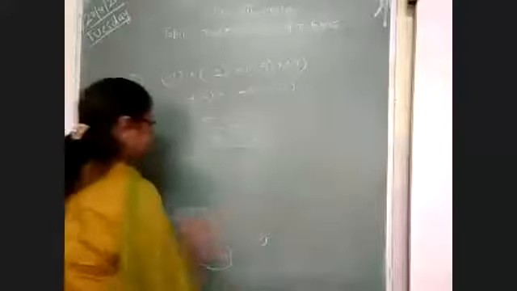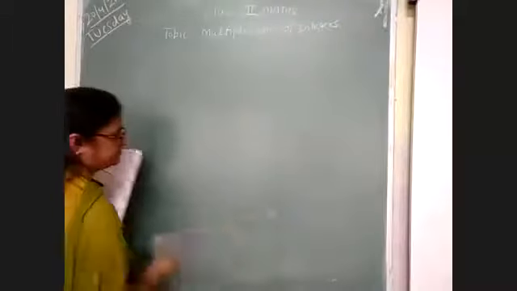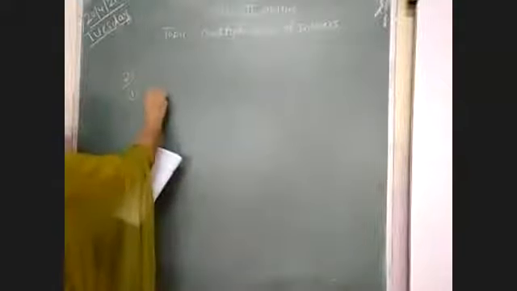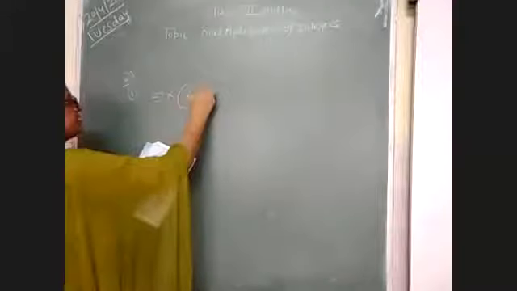Our second question is, verify the following. Second question, first part, 37 multiply the bracket 6 plus -3.